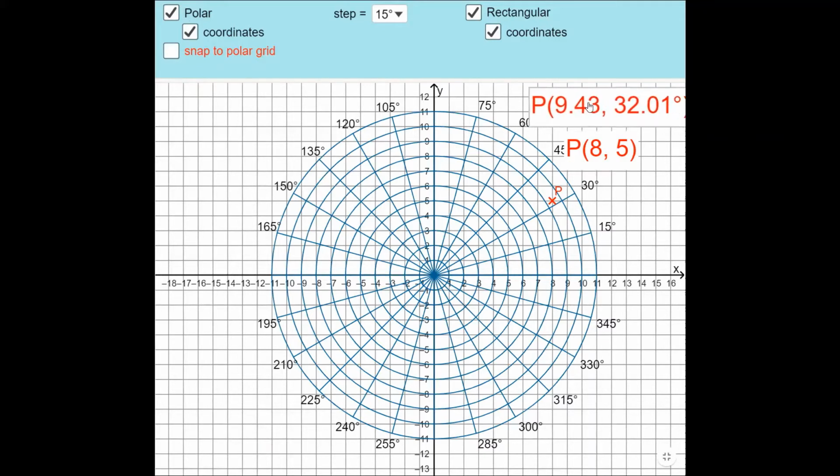The value of r is 9.43 and the value of theta is 32 degrees. Here first I take the value in Cartesian coordinates and convert it into polar coordinates.